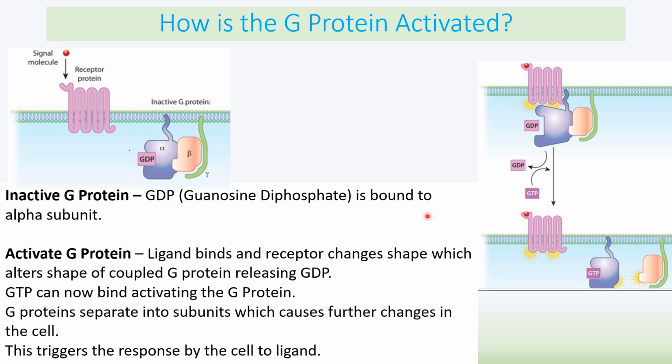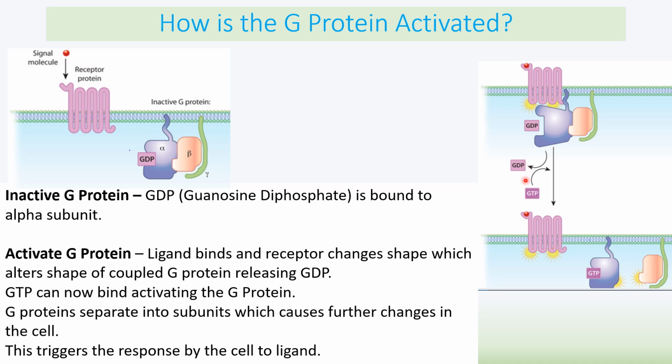When the protein becomes activated, the ligand attaches to the receptor protein on the membrane. This ligand attaching causes the alpha molecule of the G protein to change shape, and that releases the GDP molecule out of the alpha site.